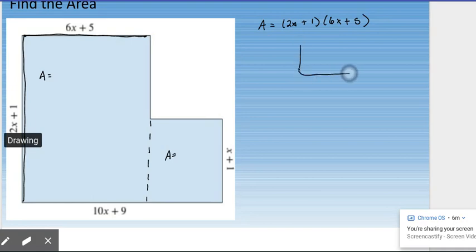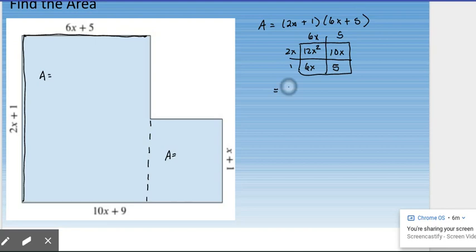I'll do my 2x2 box, and I know some of you might be using FOIL. That is perfectly fine. 2x plus 1, 6x plus 5. So we've got 12x squared, 10x, 6x, and 5. So for this first one, I have an area of 12x squared plus 16x plus 5. That's what I'm going to get there, and I'm going to go ahead and write that in here also.